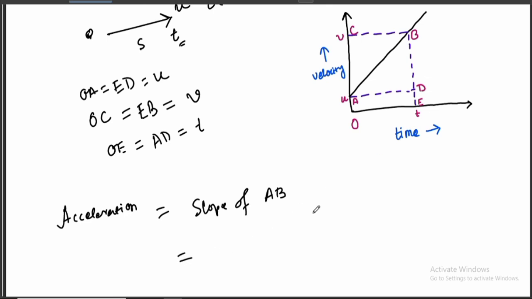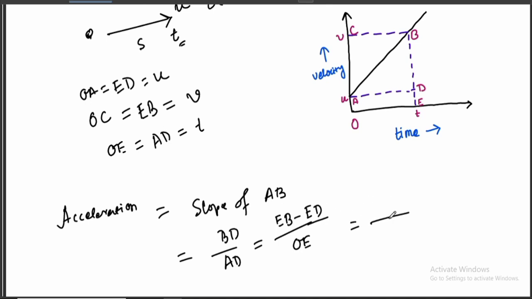And slope of AB is perpendicular by base, that is BD by AD. Now BD can be written as EB minus ED, and we can write AD as OE.